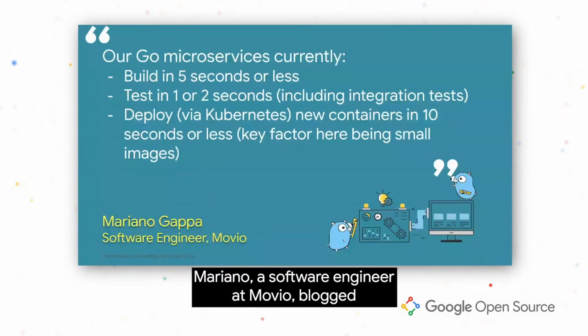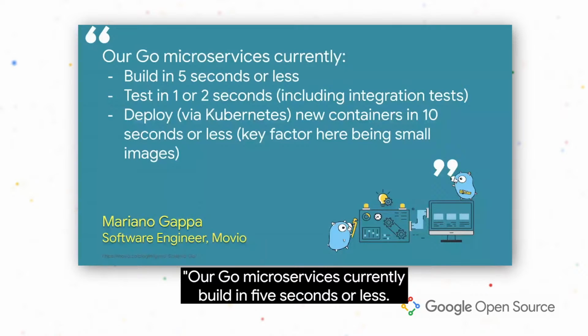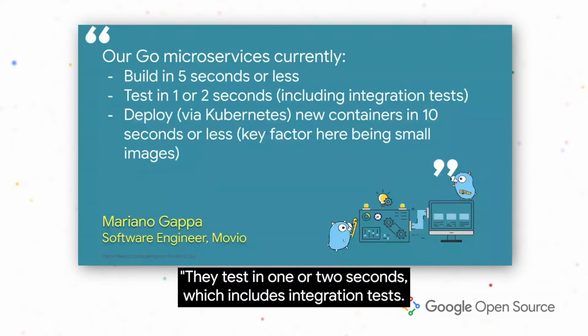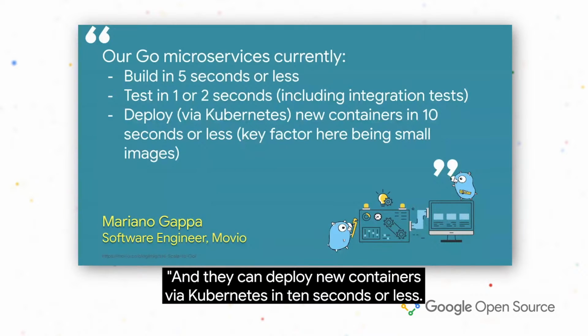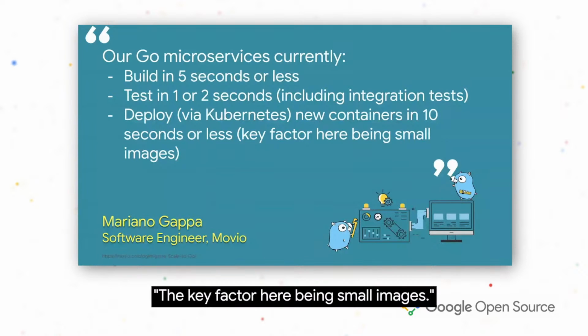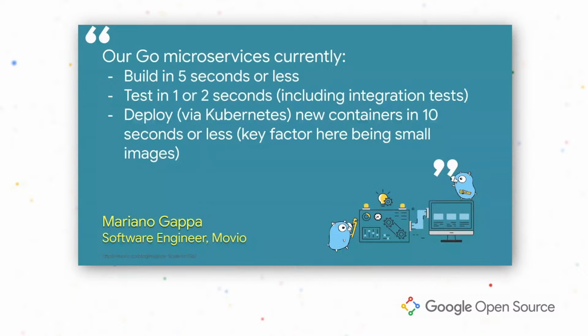Mariano, a software engineer at Moveo, blogged, "Our Go microservices currently build in 5 seconds or less. They test in 1 or 2 seconds, which includes integration tests, and they can deploy new containers via Kubernetes in 10 seconds or less. The key factor here being small images."